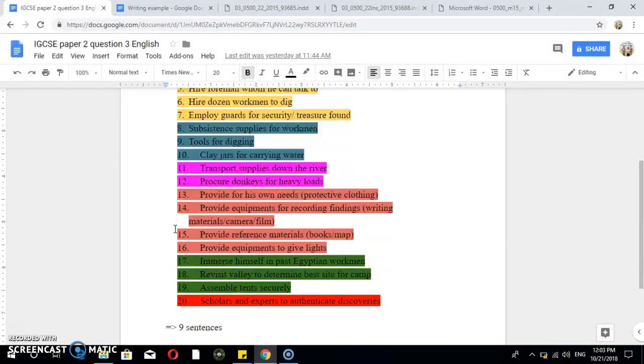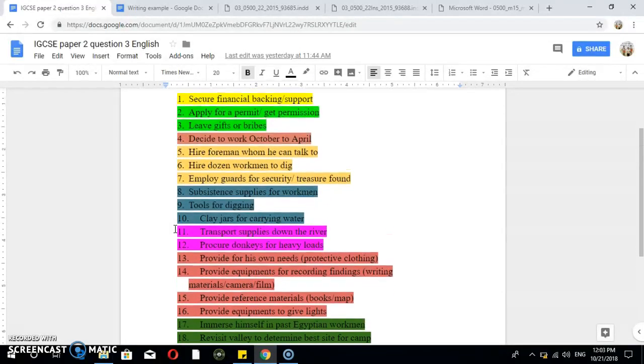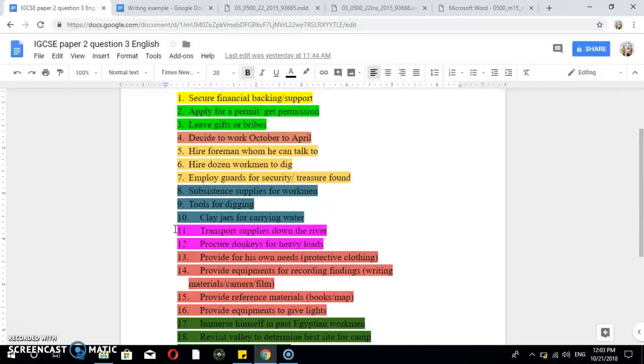In the new exam, it says that you have to include all the 15 points. But due to the fact that the new test doesn't have 15 points, you can write more than 15 points if possible, as long as you keep it in the range of 200 to 250 words. So I'm going to let you have a read through this carefully, and we're going to go to the next part.